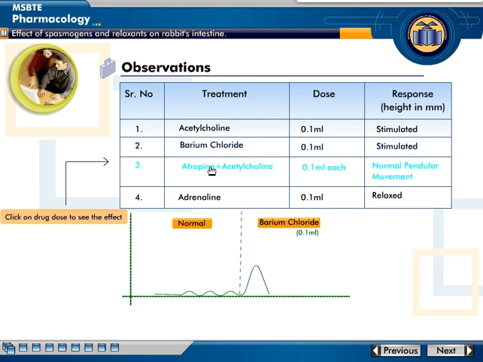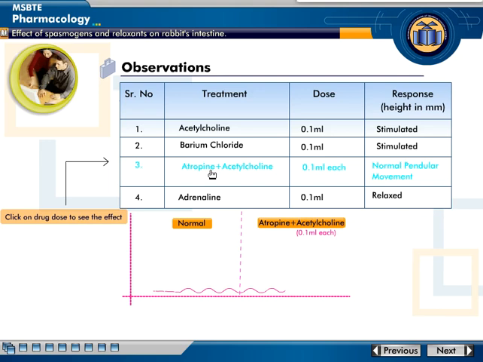Next, we will discuss about atropine followed by acetylcholine, that is the combination of atropine and acetylcholine, 0.1 ml each. See the graph. Normal, it shows pendular movement, while after administration of atropine and acetylcholine, 0.1 ml each, it again shows pendular movement.